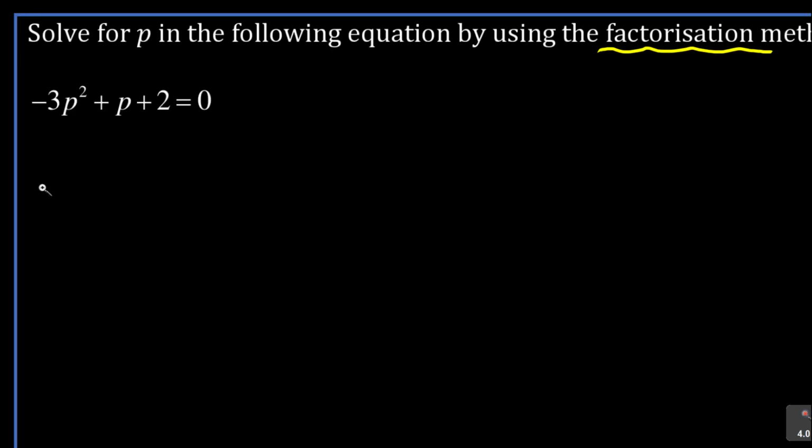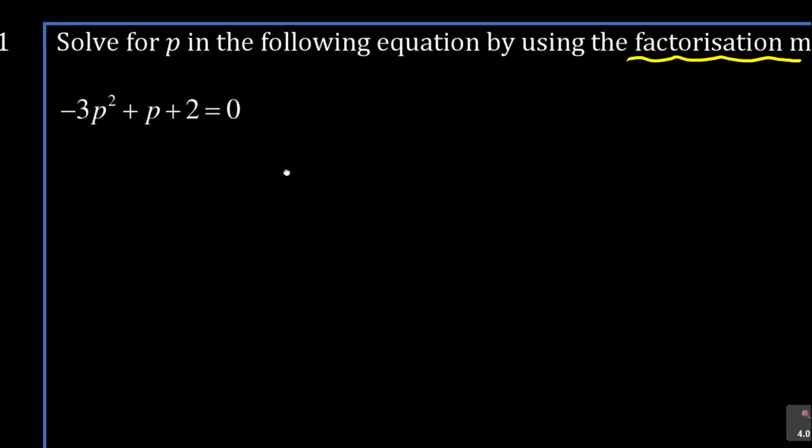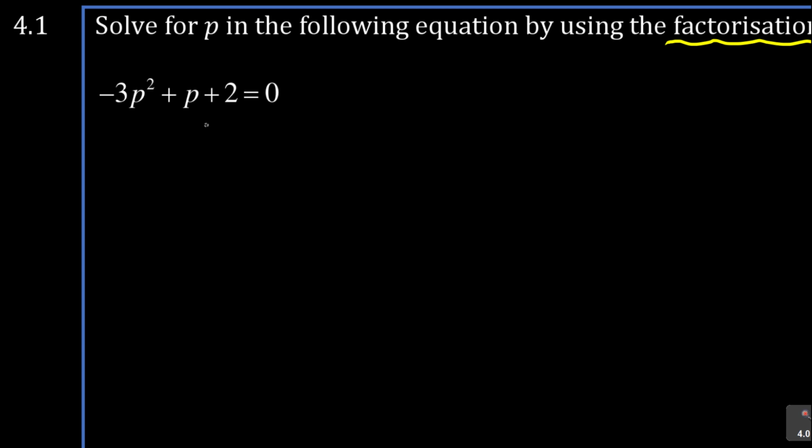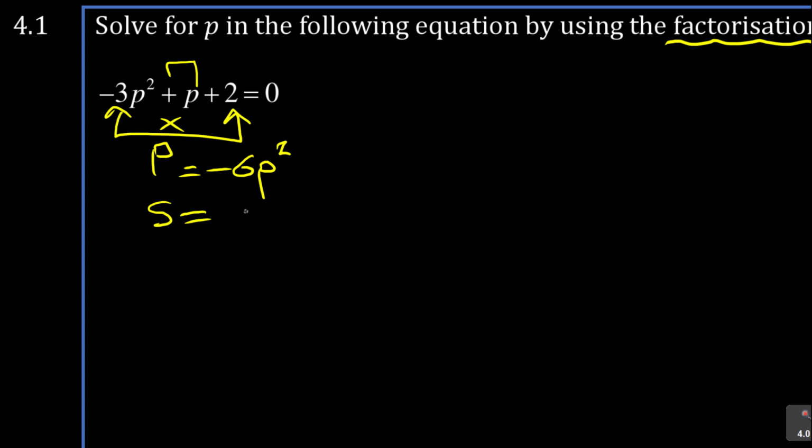If you still remember, since we're solving, and they specified factorization, take that and multiply it, that's your product. So minus 3 times 2 is equal to negative 6p squared. Then the sum is the center. Sum is equal to p, but you must always know there is a 1 there.